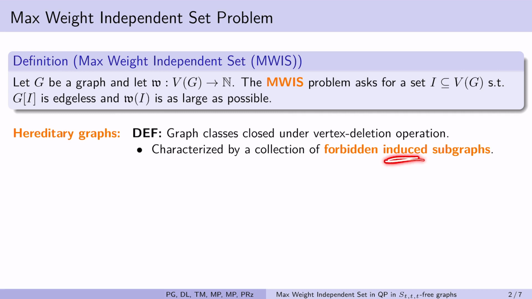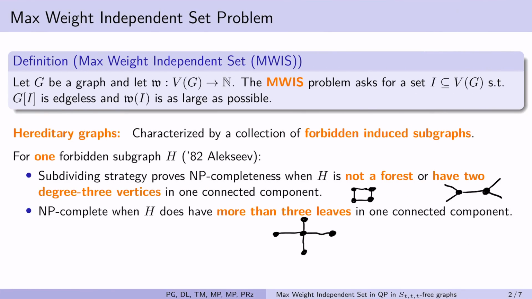The word induced here is important, and in fact, in the whole talk, whenever I say some subgraph, I always mean induced. This collection may be infinite, but we are asking what happens if we forbid just one single forbidden induced subgraph. So not the whole collection of them, but just a single one.